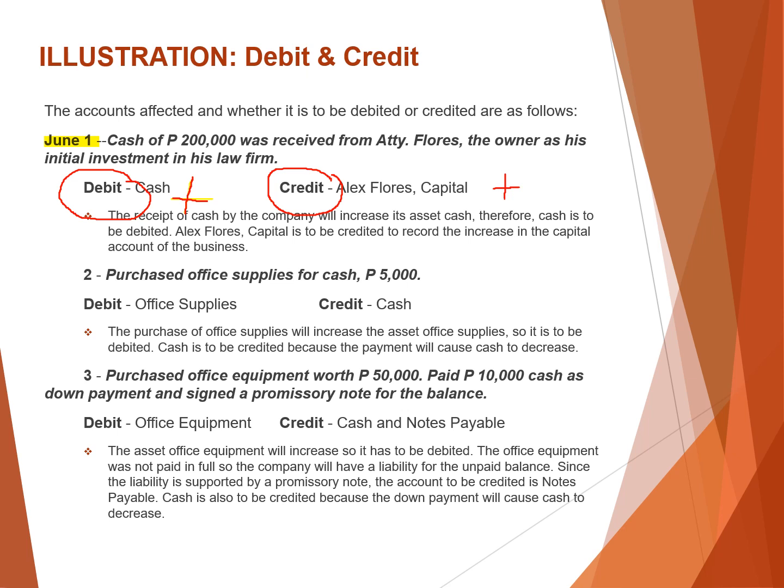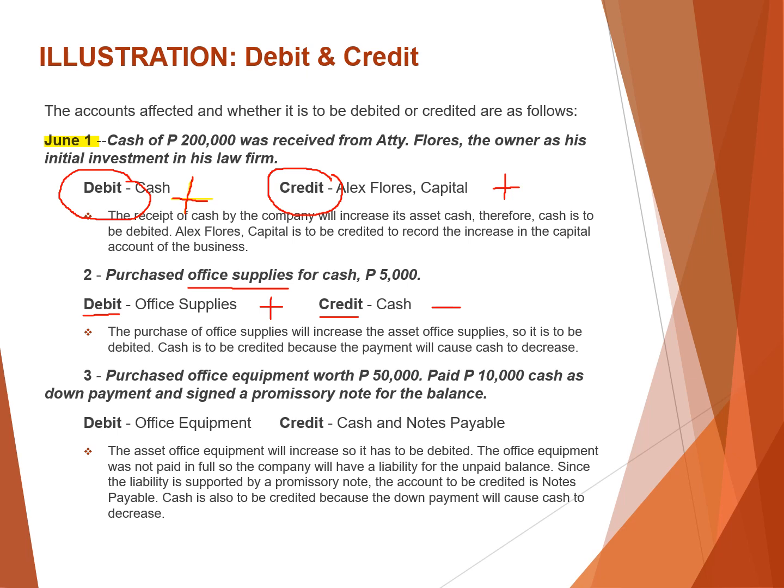You bought office supplies. So, what is the effect on office supplies? Dahil bumili ka ng office supplies, it is increase. So, you can see here, office supplies is increased, cash is decreased. Now, we can apply the rule. If asset is increased, it should be debit, kaya debit. Debit office supplies. And dahil nag-decrease ang cash, kaya credit cash.